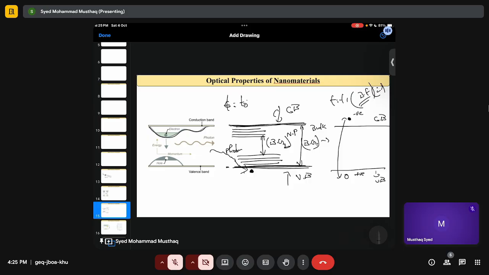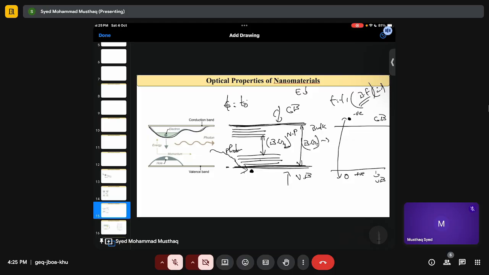And because the band gap is low, the energy to move my electron from valence band to conduction band is low, so even normal light can do that job, right? That's it. That is about this photon and this exciton.